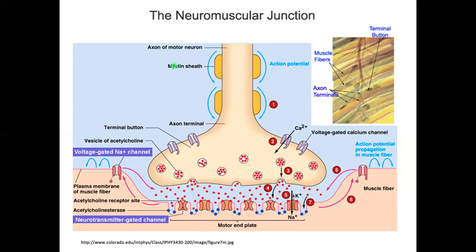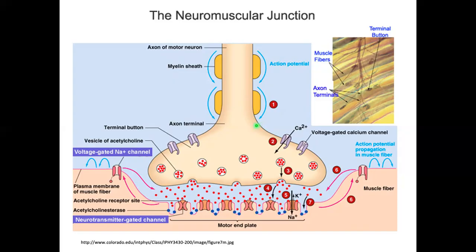Okay, so how do we get the motor nerve excited, right? How do we get an action potential generated down the axon? Is it sodium or calcium? So if we're talking about the axon, it's actually going to be sodium. So sodium voltage gated channels pop open, sodium rushes in, right? Sodium voltage gated channels pop open, sodium rushes in.